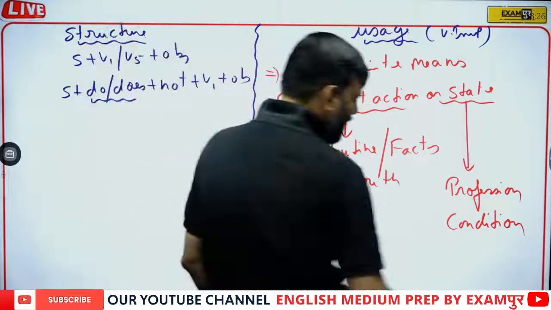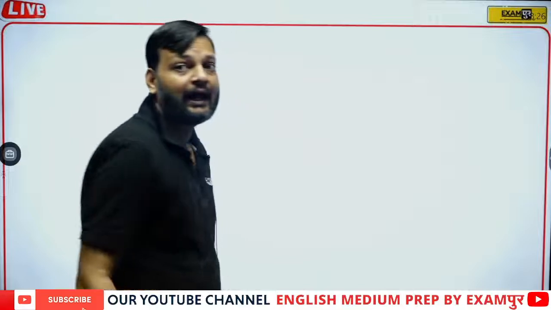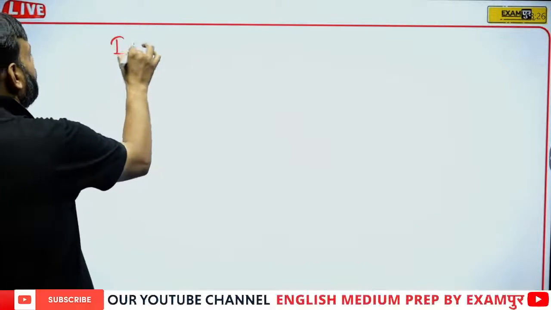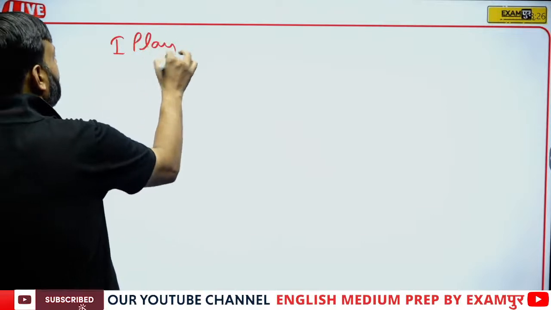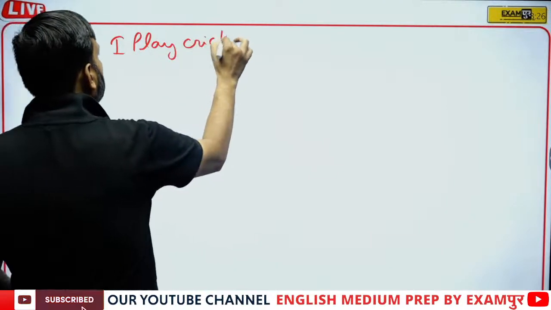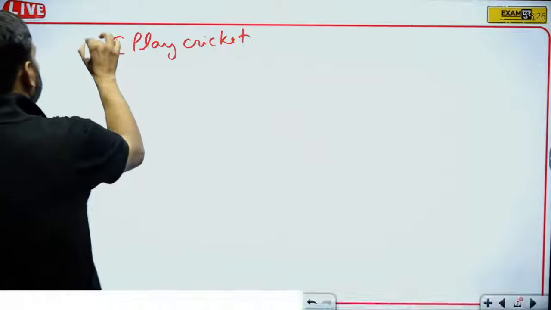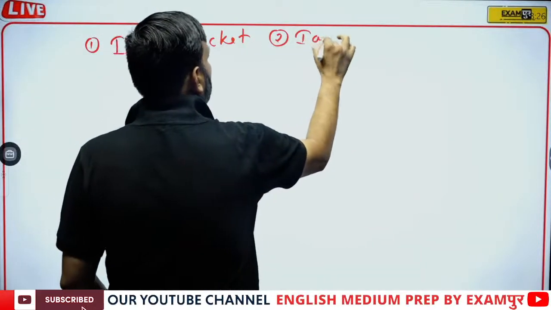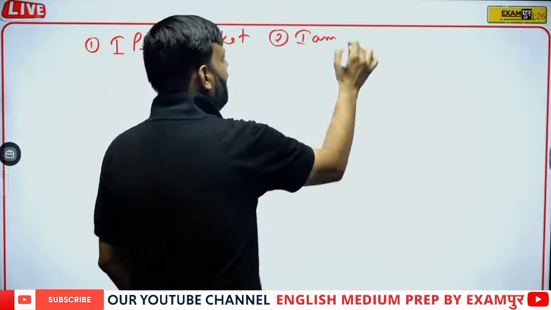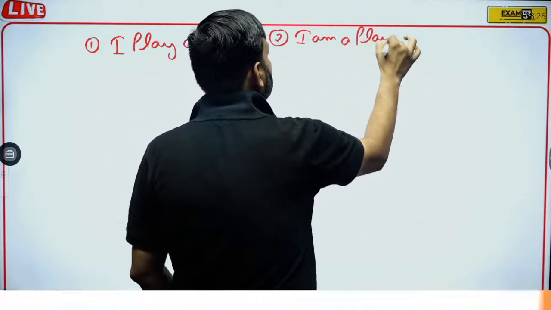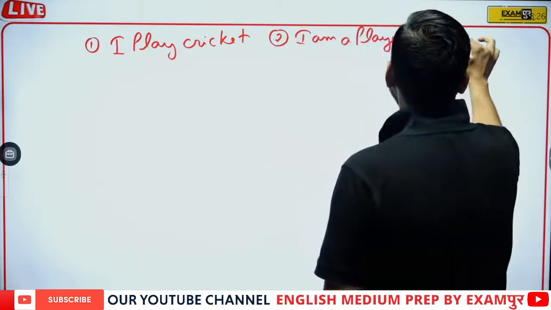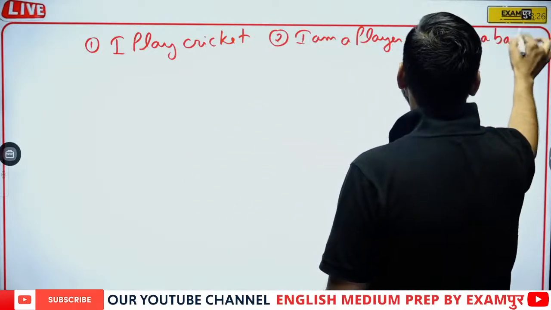Now, I have a question for you. I play cricket for 7th. I am a player. And the third sentence, I have a bat.